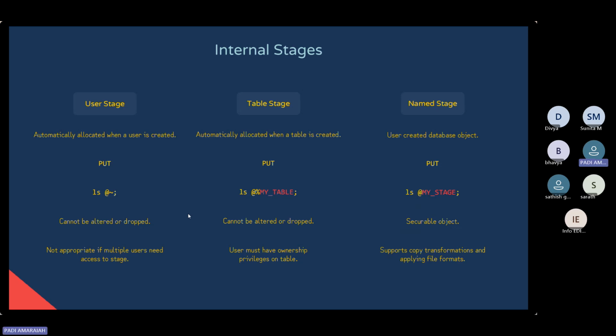Then for my username, a stage will be created automatically. You don't need to create it. Snowflake will create it automatically whenever a new user is created in that Snowflake account. Similarly, the table stage: whenever a table is created, a stage respective to the table will be created automatically.